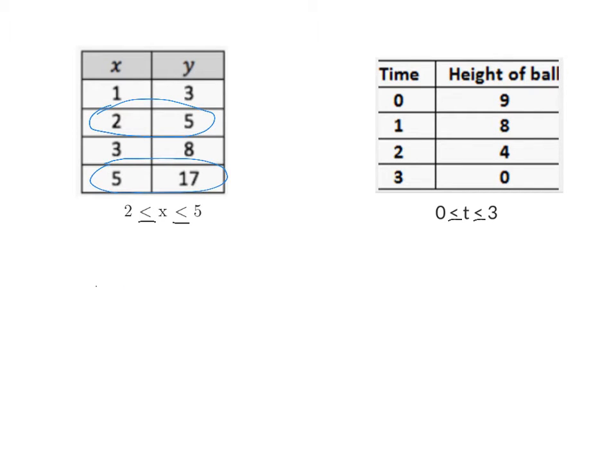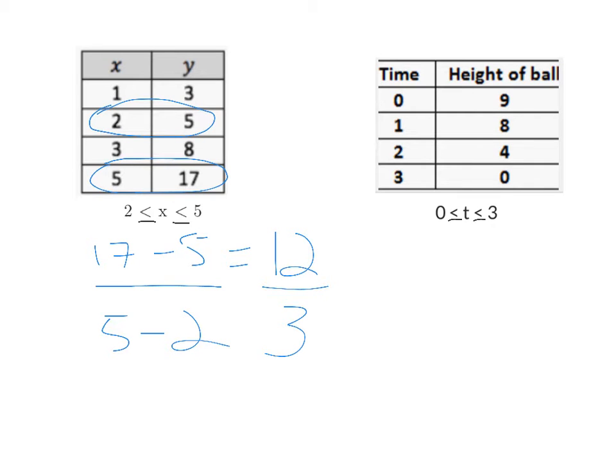I'm going to find the change in my y values, so 17 minus 5, or 12, and divide it by the change in the x values of 5 minus 2, or 3. 12 over 3 is 4, therefore the average rate of change over the interval between 2 and 5 is 4.